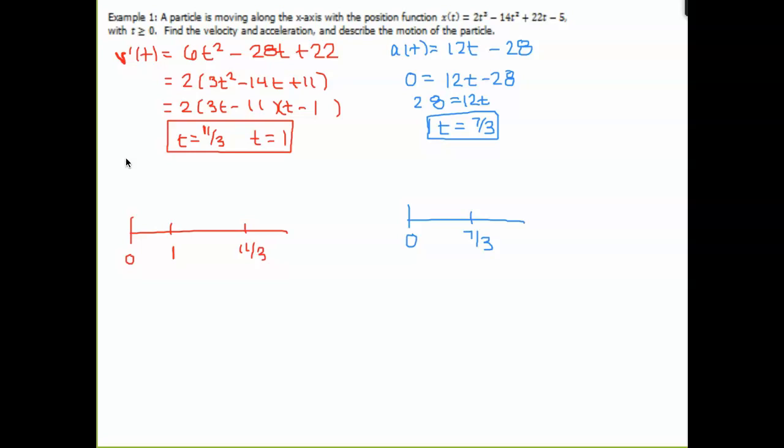So if you plug in 0.5, 0.5 minus 1 is negative 0.5. 3 times 0.5 is going to be 1.5, but 1.5 minus 11 is also negative. So you have positive, negative, negative. So 2 negatives make a positive. So you have a positive between 0 and 1.